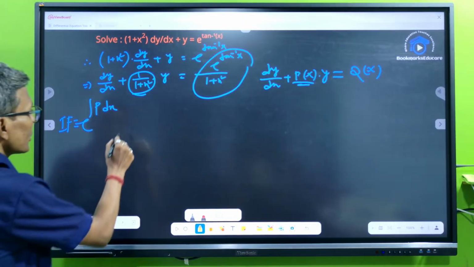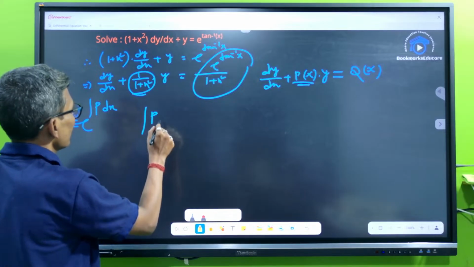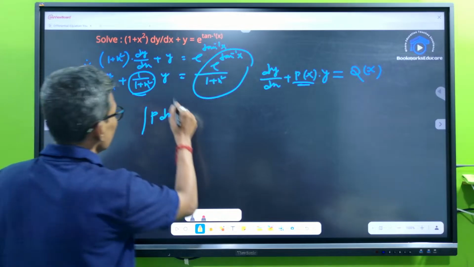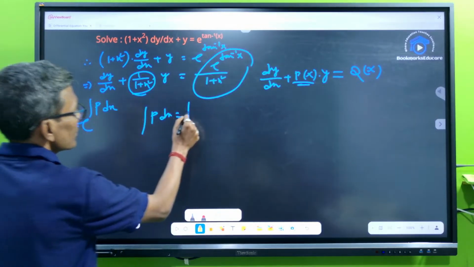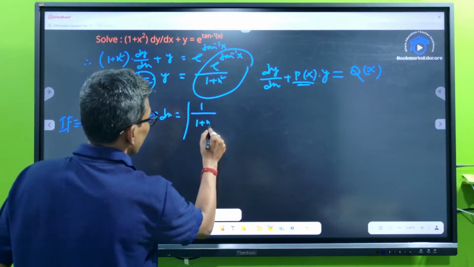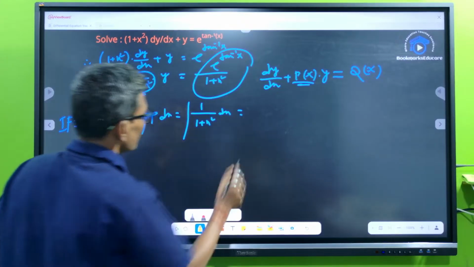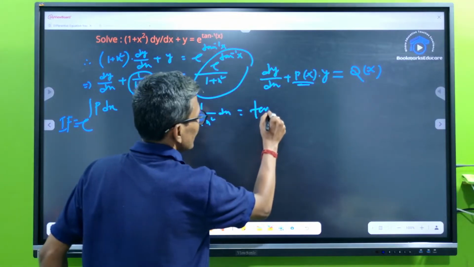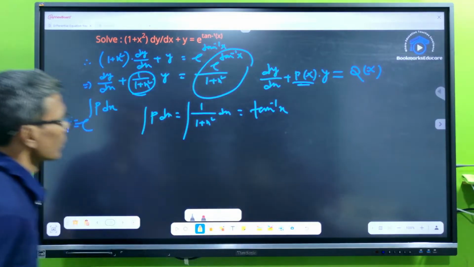First of all, we find the integral of p dx. Here p means 1/(1 + x^2) dx. The integration of this portion is tan inverse x.